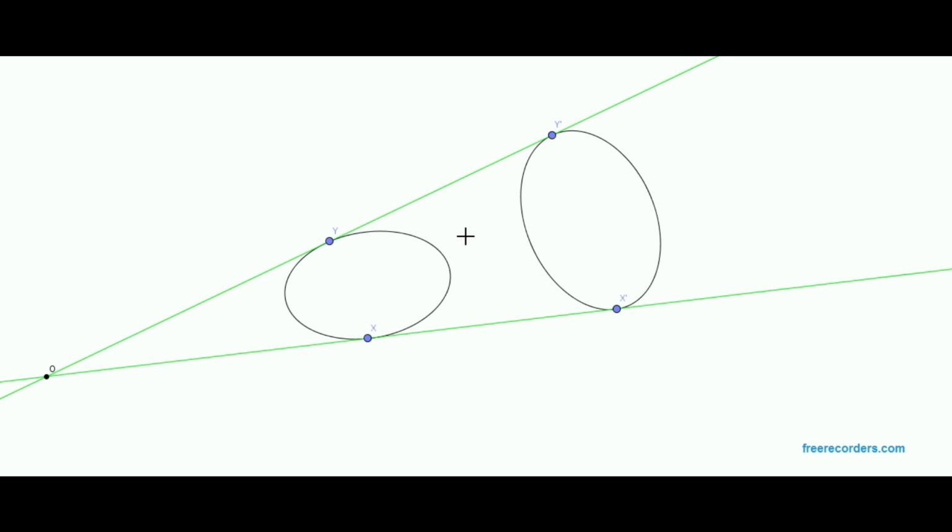So this homology maps one ellipse to the other, but it has this invariant line which is common to both. So how do we construct it? Well, if we take a point on our first ellipse, we'll call it A, and we'll draw a line through A and O, and find out where it meets our second ellipse at one of the contact points. We'll call that A dash.